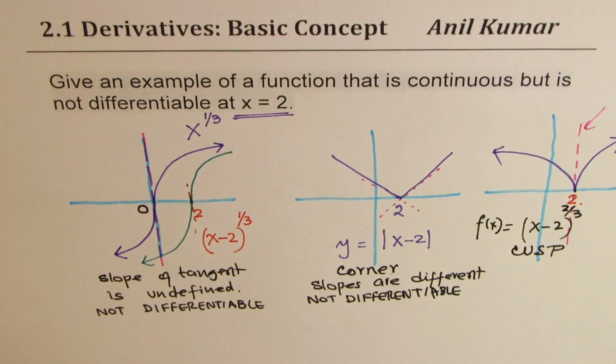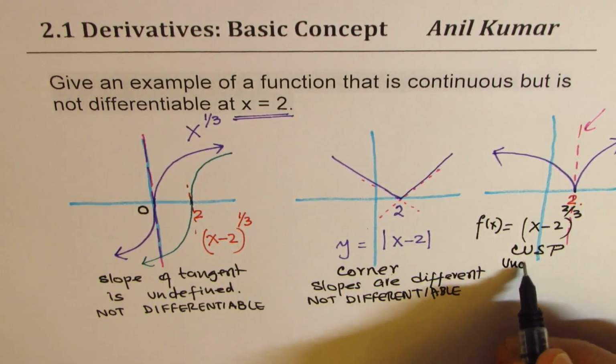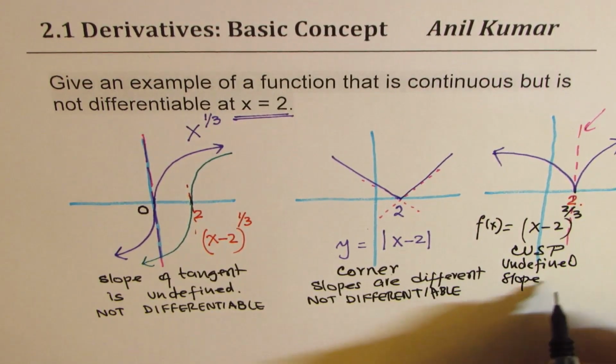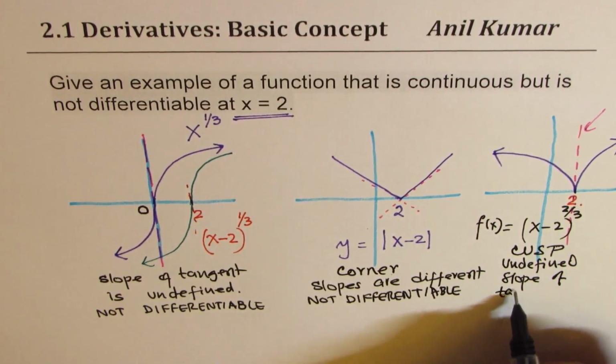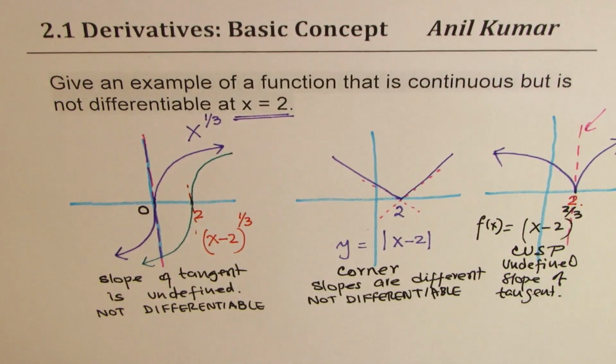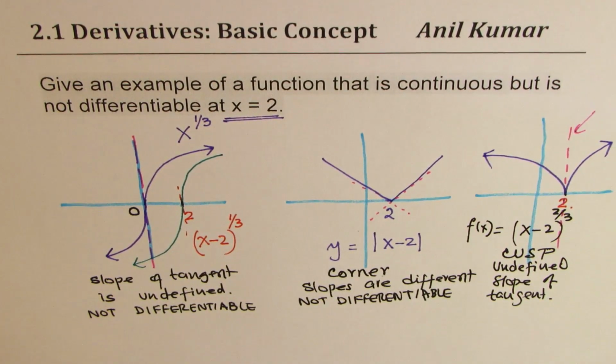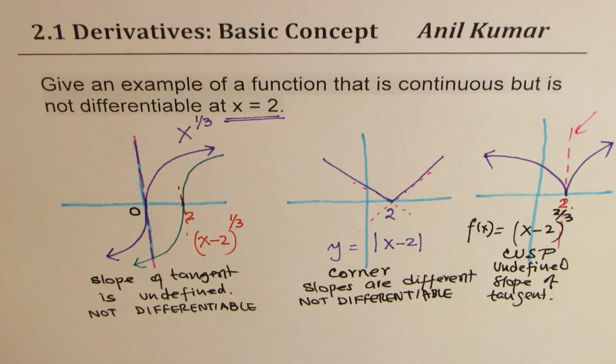So in this case, again, it is undefined slope of tangent. Correct? So that is a very good example. So these are 3 very good examples of functions which are continuous, but they are not differentiable at a given point. Perfect?